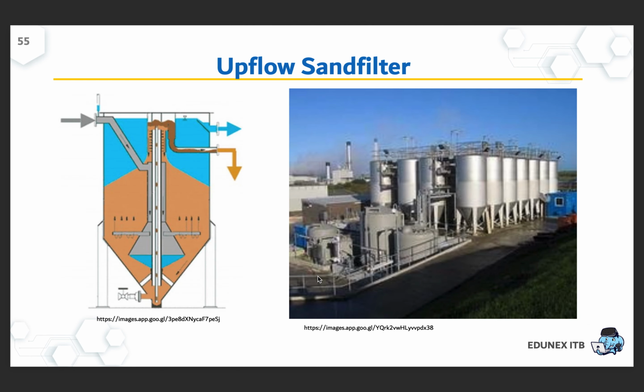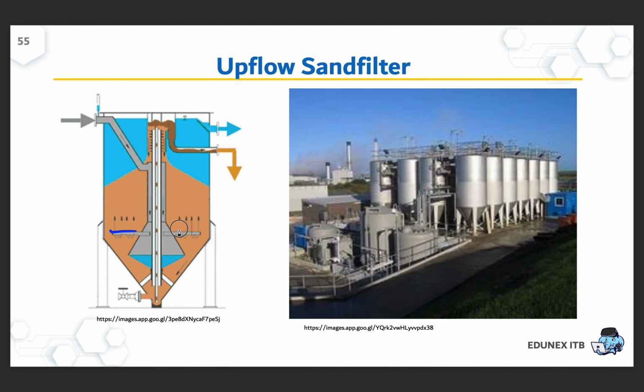Okay, so this is the upflow sand filter. In the upflow sand filter, we have the sand inside this conical tank. This is the sand, and this is the inlet. So the feed water comes through this way, and then flows through these holes.